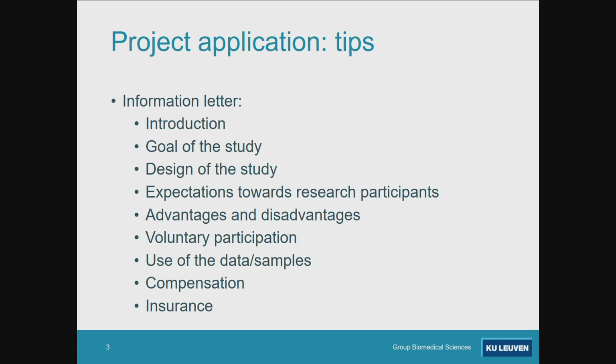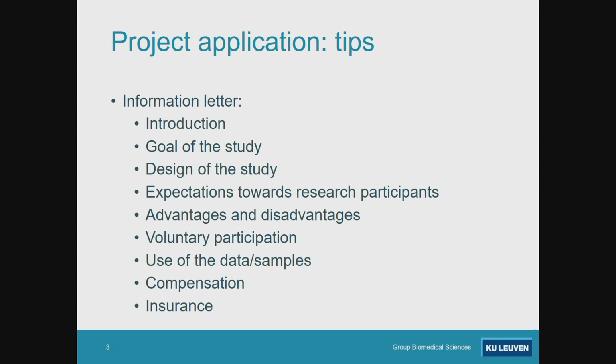A few elements further on. If you include participants in a prospective study, it's important to inform people about their participation. An information letter will be crucial for that goal. In such an information letter, there are different elements that should be explained.